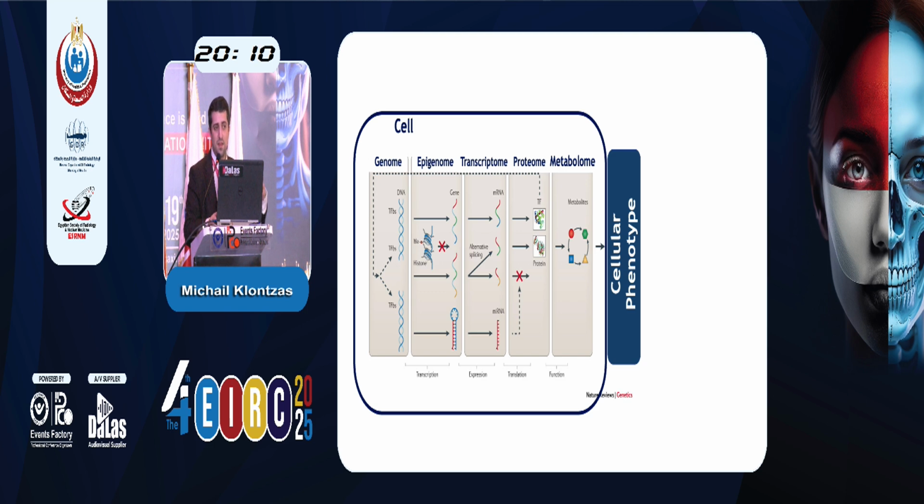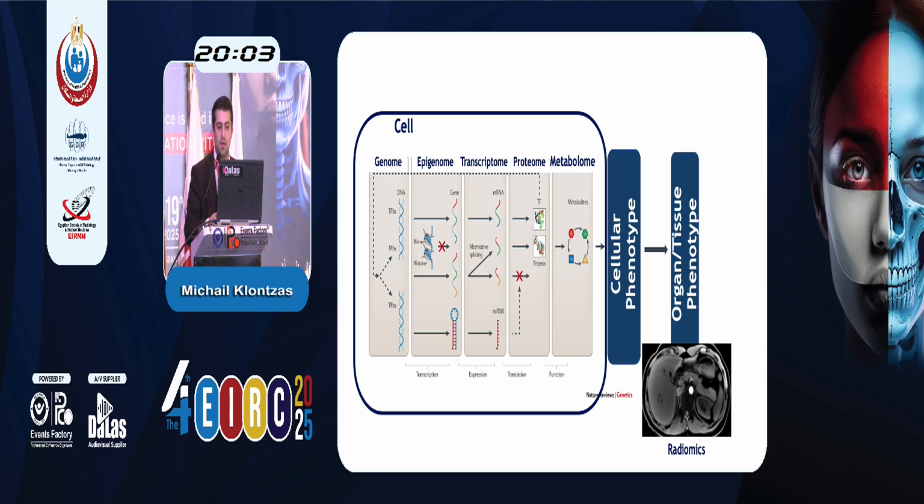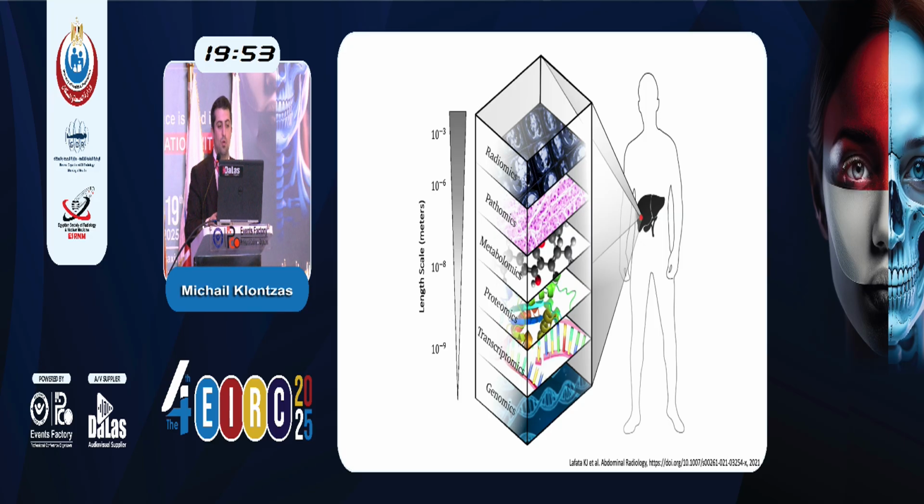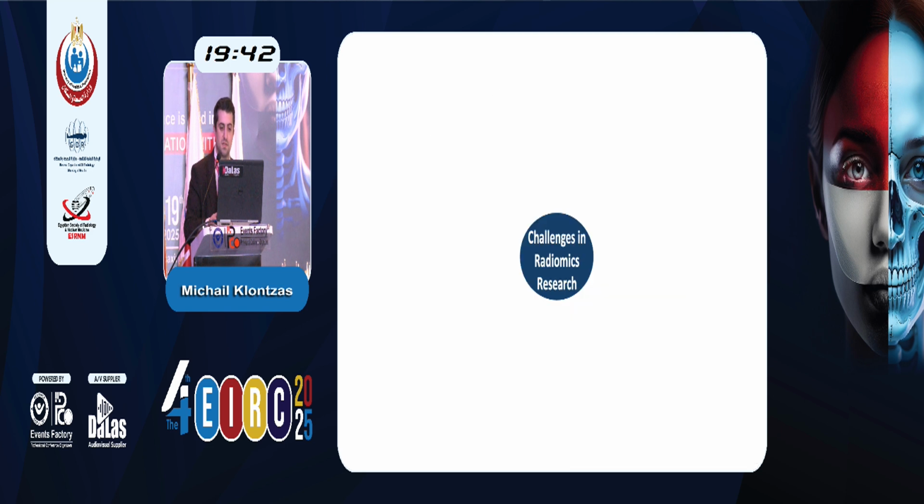And everything that has to do with the function of a cell relates to the function of a tissue, and this is what we image with our imaging techniques. Radiomics is basically the analysis of the visual phenotype, the organ phenotype or the tissue phenotype that we see with our imaging methods. So if you see this as a scale, radiomics is at a higher scale, and we have more detailed information in the background that will define what you'll see in the images.